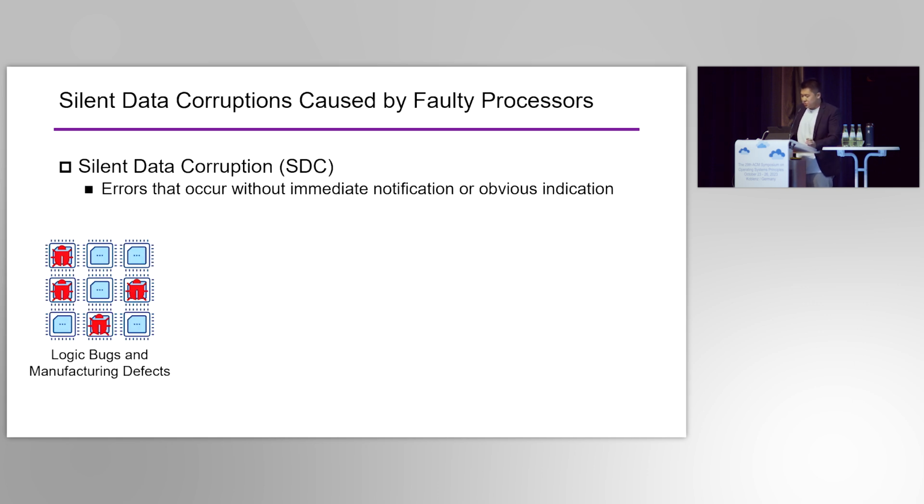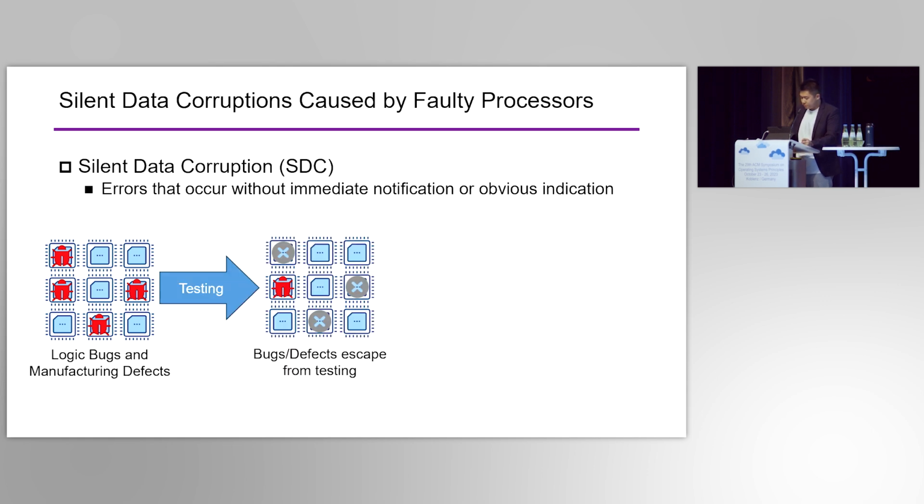We call such CPU errors that occur without immediate notification or obvious indication CPU silent data corruptions, also known as CPU SDC. Such errors originally come from logic bugs and manufacturing defects of faulty processors.